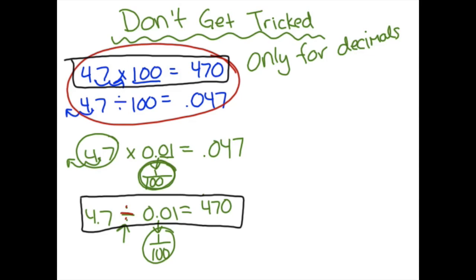We get the same answer. So the reason our number is getting bigger is because when we're dividing by 0.01, remember, we have to actually make this number whole. So what are we actually doing? We must multiply times 100. So you'll see that that's why you're getting the same answer.